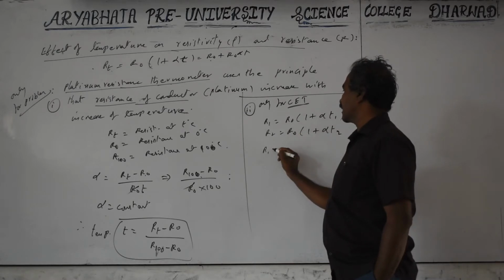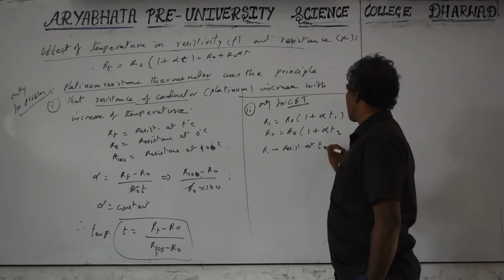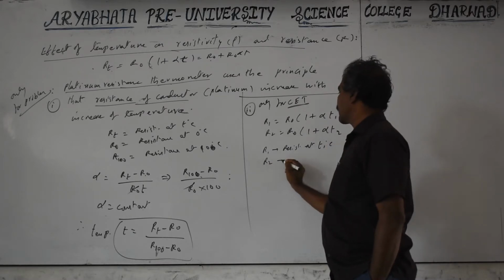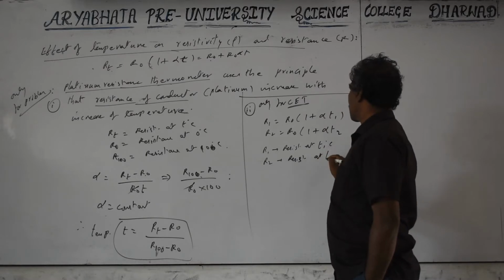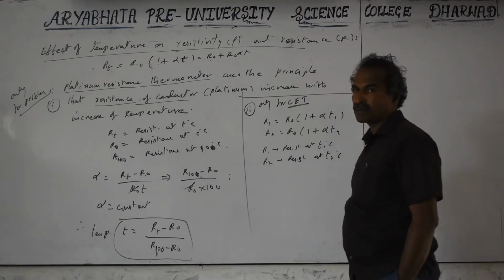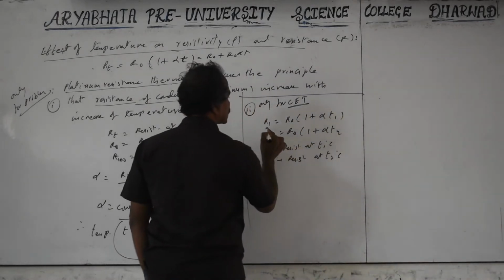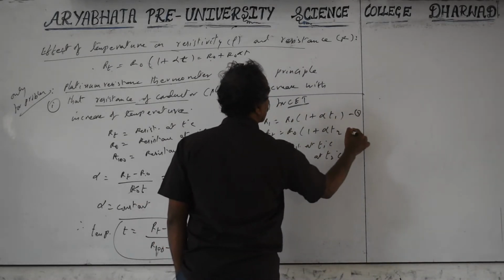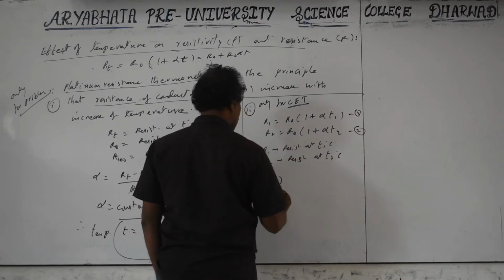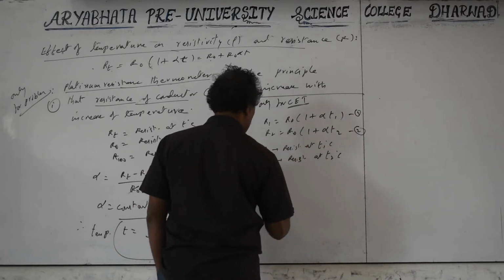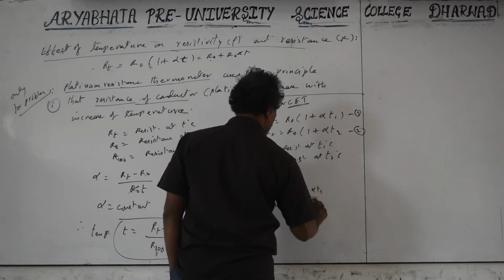R1 is the resistance at T1 degree centigrade and R2 is the resistance at T2 degree centigrade. They don't ask the problem, they ask only the expression. Taking the ratio of equation 1 by 2, R naught cancels, and you get R1 by R2 equals (1 plus alpha T1) by (1 plus alpha T2).